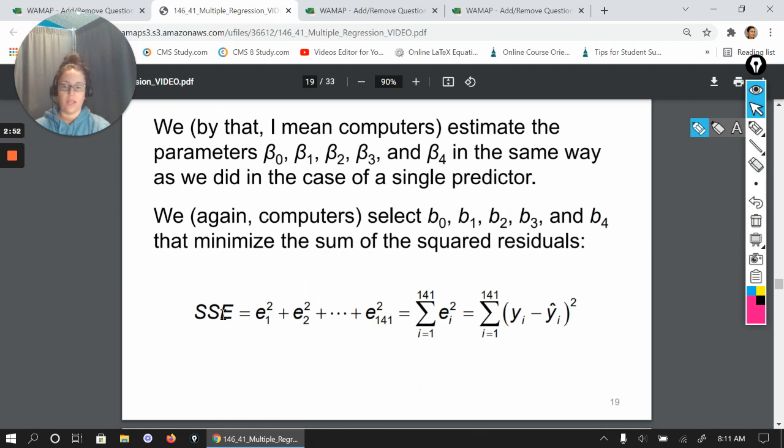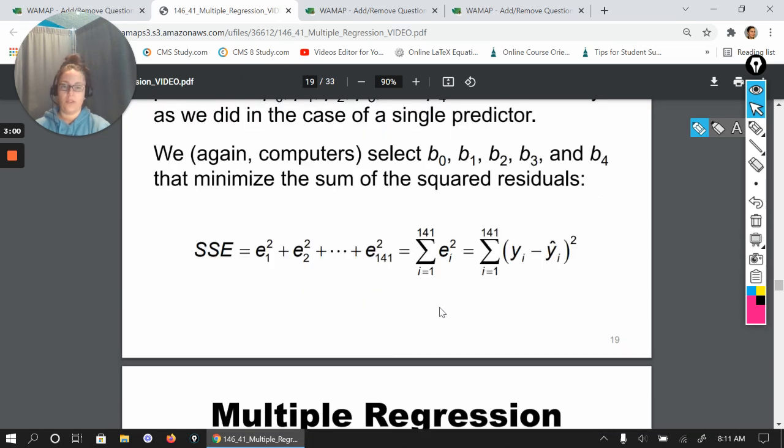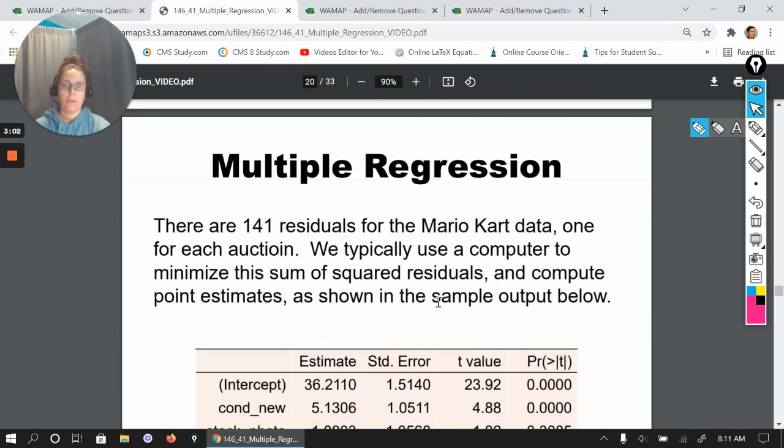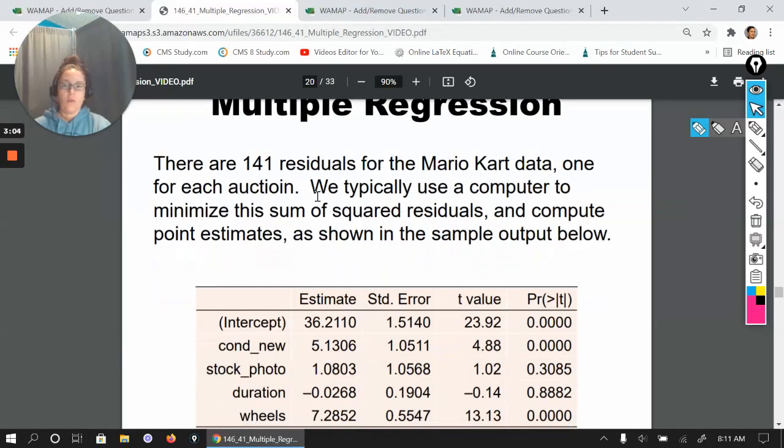So here is the sum of squares for the errors and how that's calculated. Fortunately, we don't have to do that by hand. There are 141 residuals for the Mario Kart data, one for each auction. We typically use a computer to minimize this sum of squared residuals and compute point estimates as shown in the table output below.